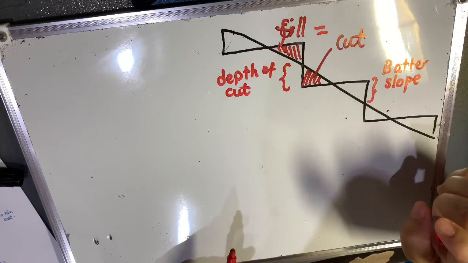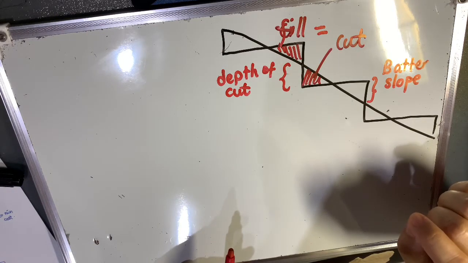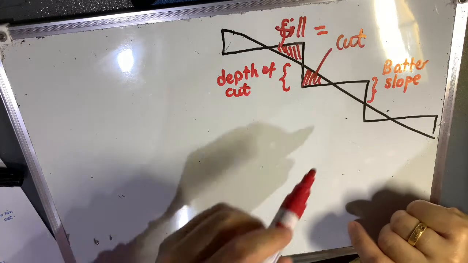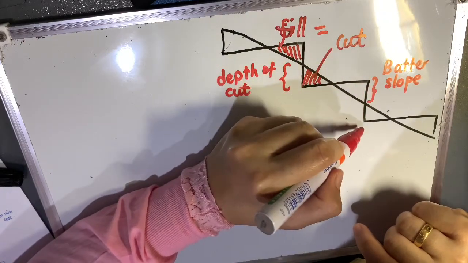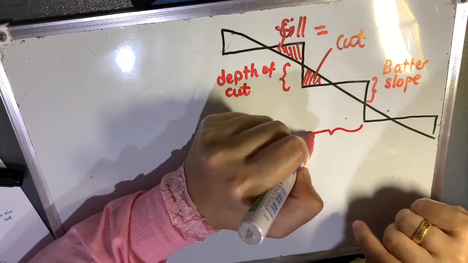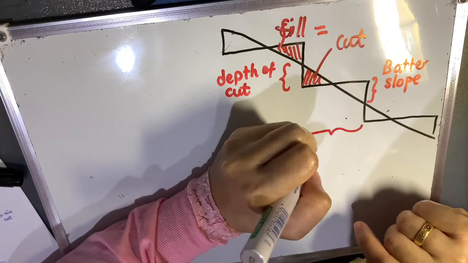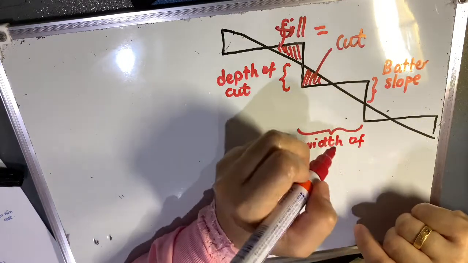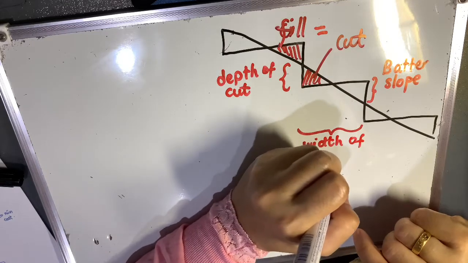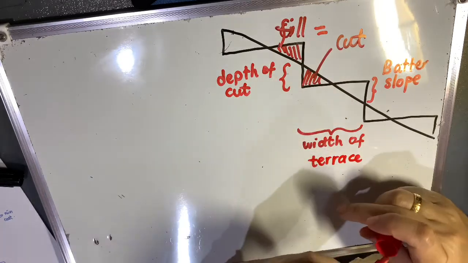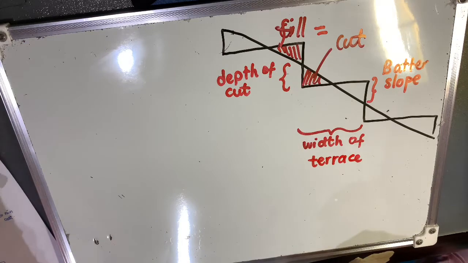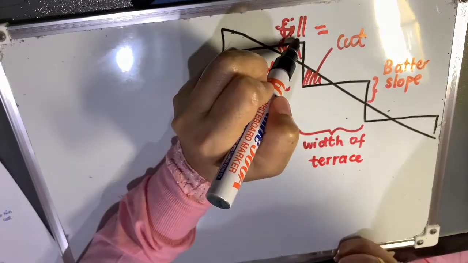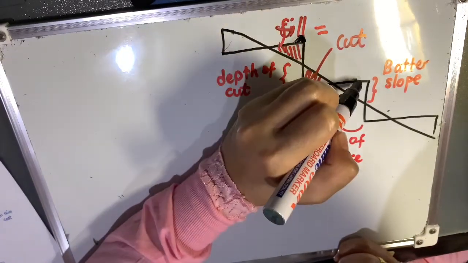Okay, we have another one. From this point to this point, this is called width of terrace. Never forget that we should have the shoulder bands here.